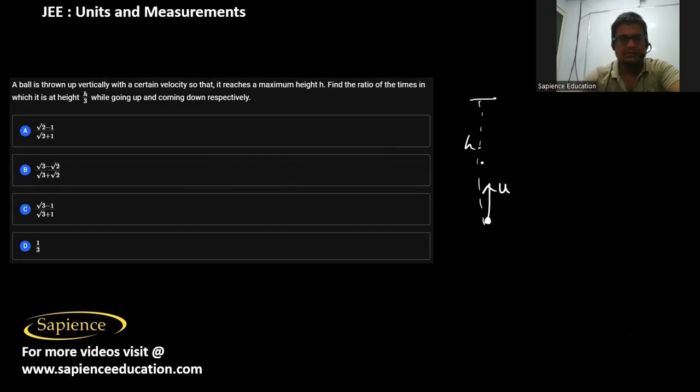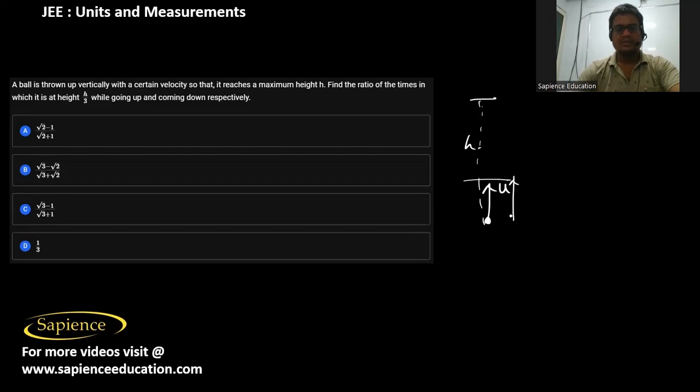Then find the ratio of the times in which it is at height h by 3 while going up and coming down.